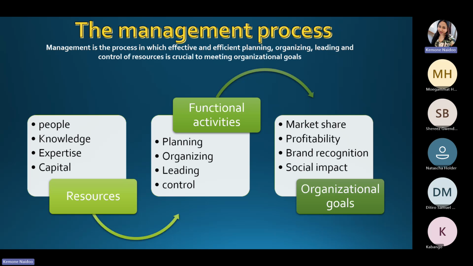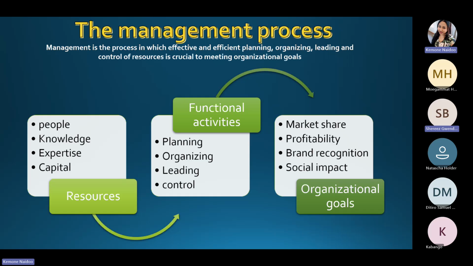They will use their inputs, such as capital, and they will transform it into strategies. They will transform it into setting the overall strategic intent of the organization. They will use it in control measures. They will use it to lead. And all of this is to help us meet our organizational goals.